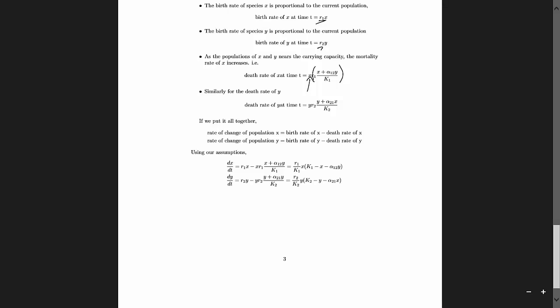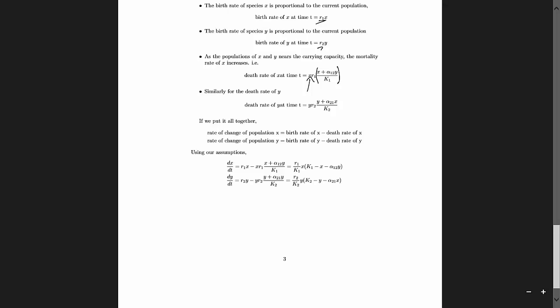We want that fraction to get bigger than R1 once there are too many X's and Y's. So what we'll do is take R1, and again we're looking at the fraction of the population that dies at time t. It's R1 times (X plus alpha 1,2 Y) over K1.